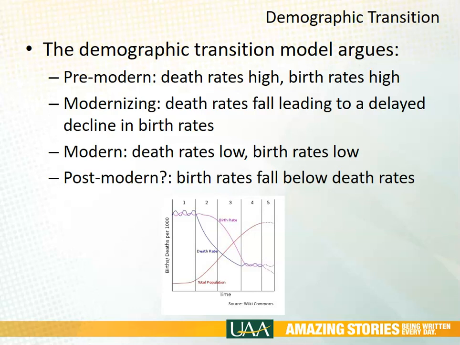At the same time this is taking place, many people are moving from rural areas into urban areas. Societies are beginning to change in dramatic ways. In the pre-modern period, people relied largely on family structures. In the modern period, society begins to take over some of the things that in the past the family cared for.